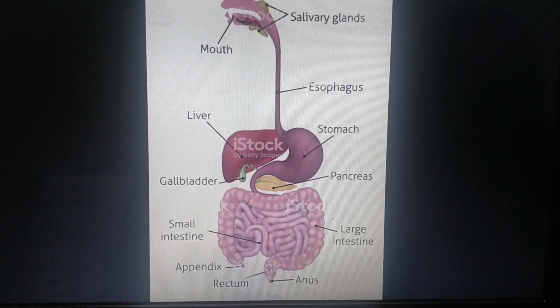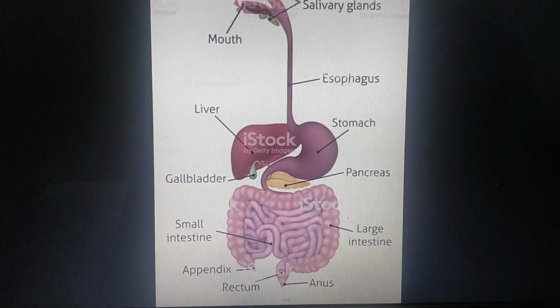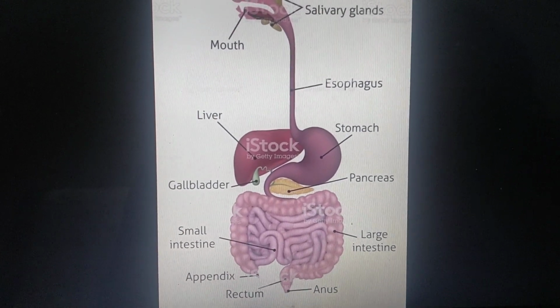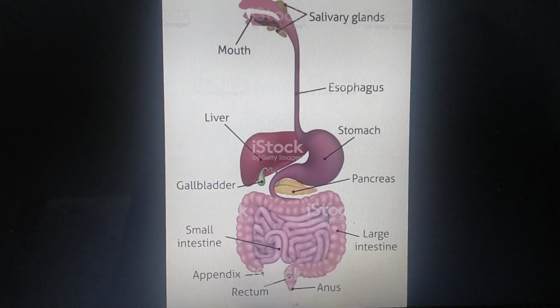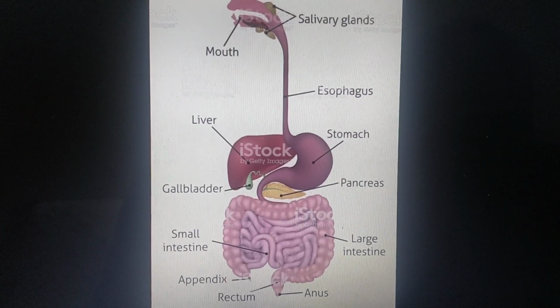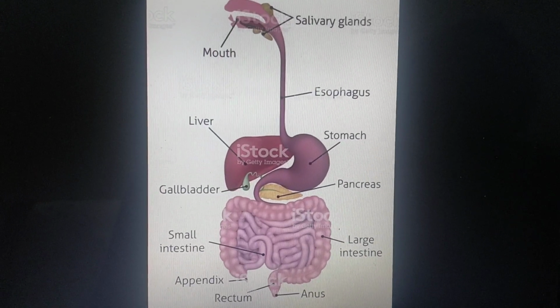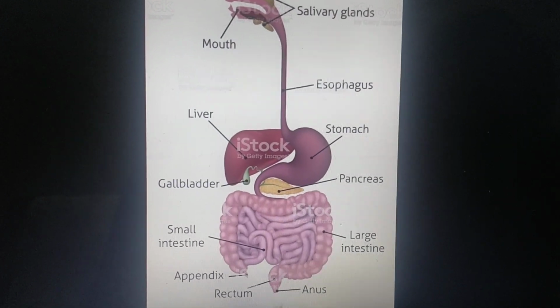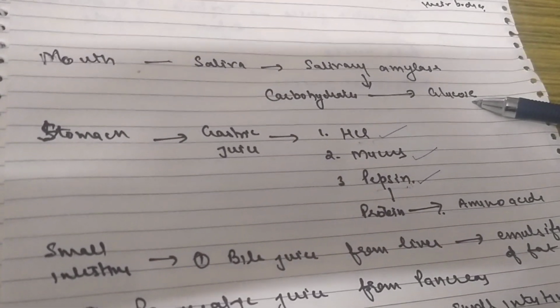This salivary amylase helps in the digestion of carbohydrate. Digestion means conversion of complex food into simple food. So digestion starts from the mouth. In the mouth, salivary amylase acts on carbohydrate and converts it into glucose.